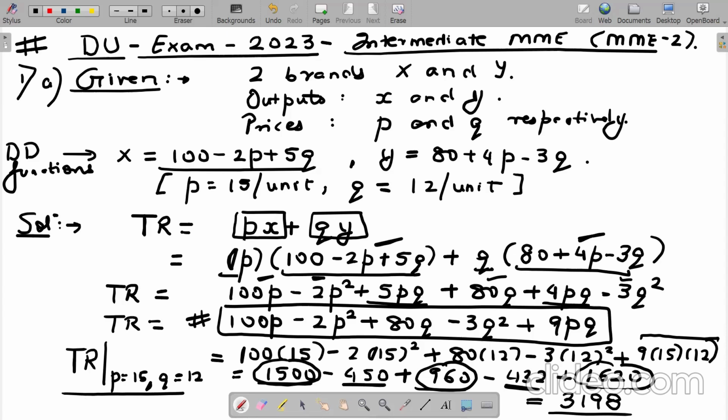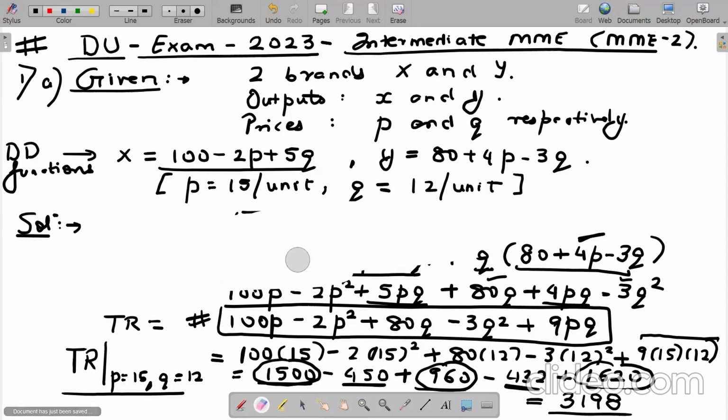Now let's find the approximate change. Remember, we use the concept of differentials to find the approximate change in total revenue. So for that, let me erase this part off.